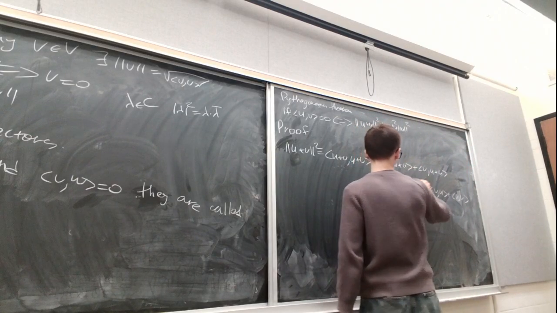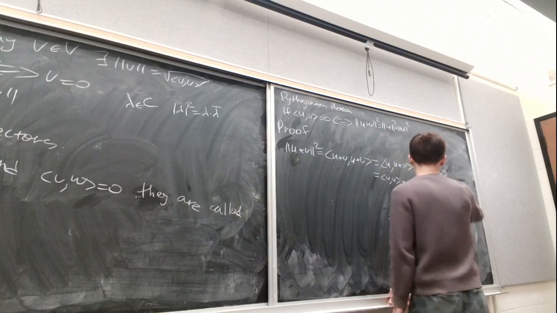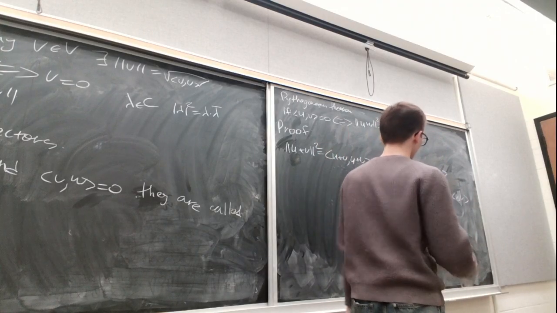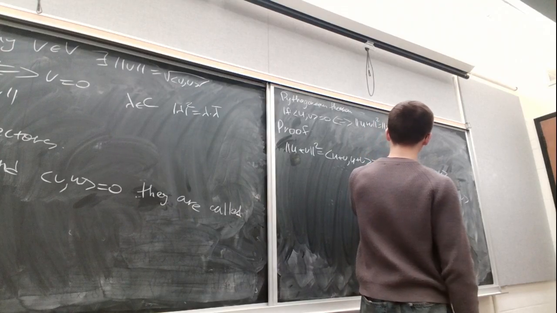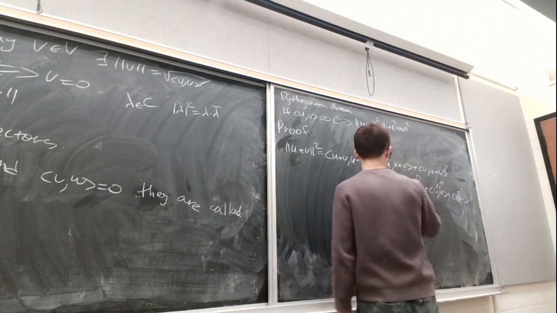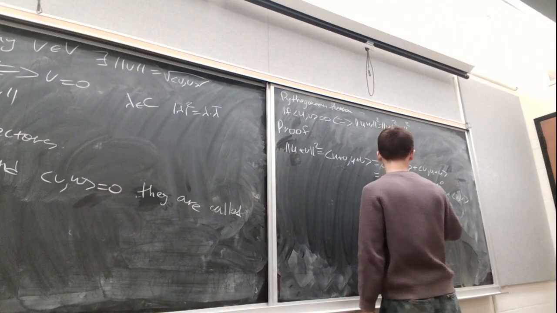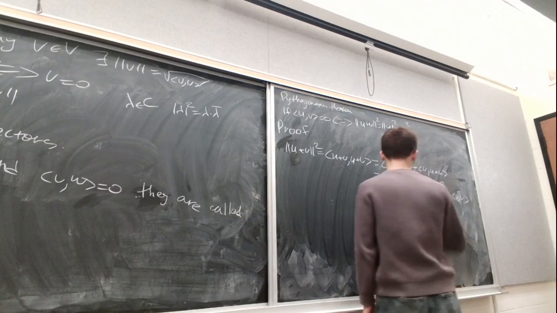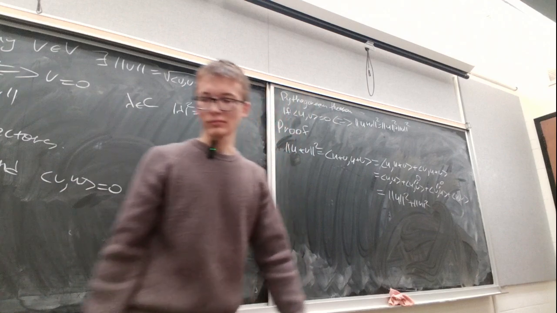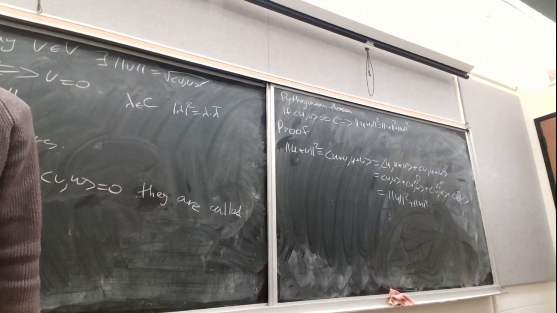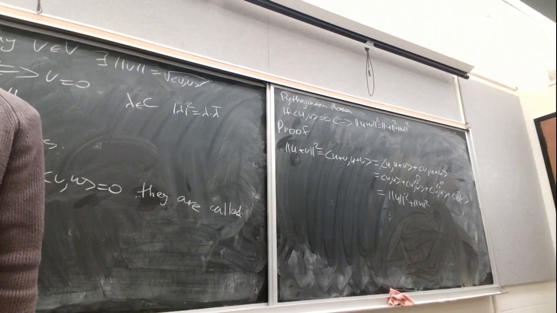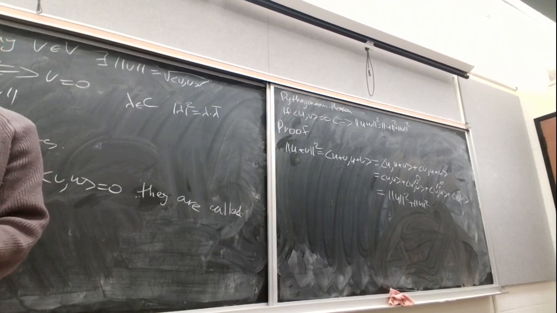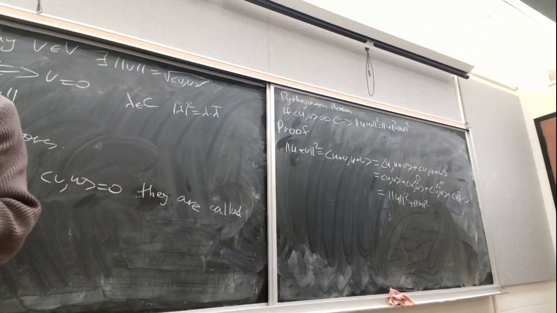And this is 0 because they're orthogonal by the assumption, and these are just the norms squared. That's it. So this is great because we had a Pythagorean theorem for perpendicular vectors in the usual sense, and now we have it again in our generalized sense.